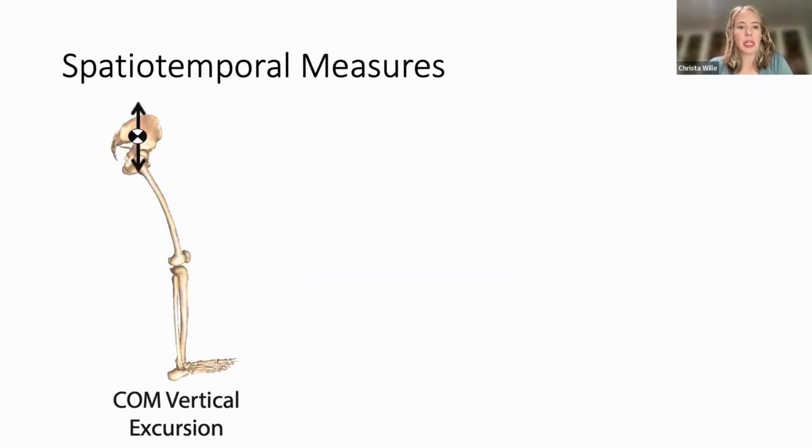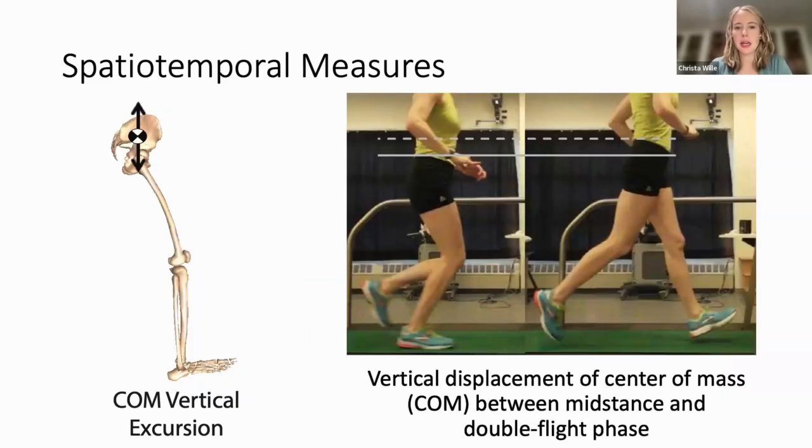Another important measure is center of mass vertical excursion, and we define that as the vertical displacement of the center of mass between the lowest point in that gait cycle, which is the mid stance, and the highest point of the center of mass in that gait cycle, which would be the double flight phase. And again, oftentimes I use my surroundings here.